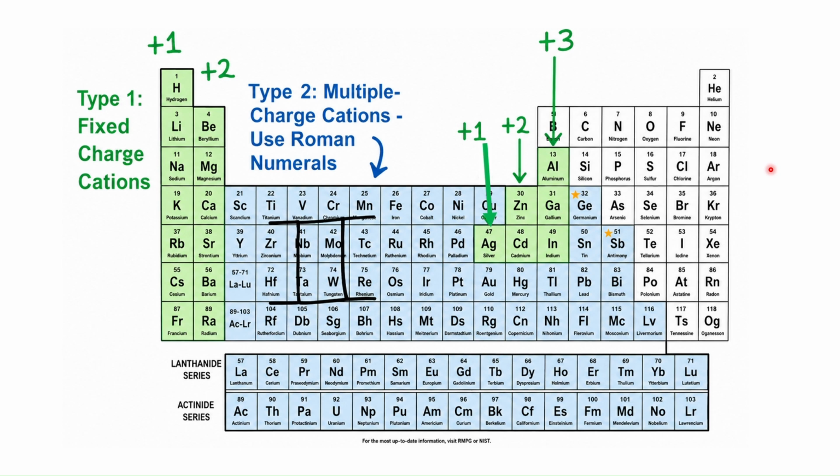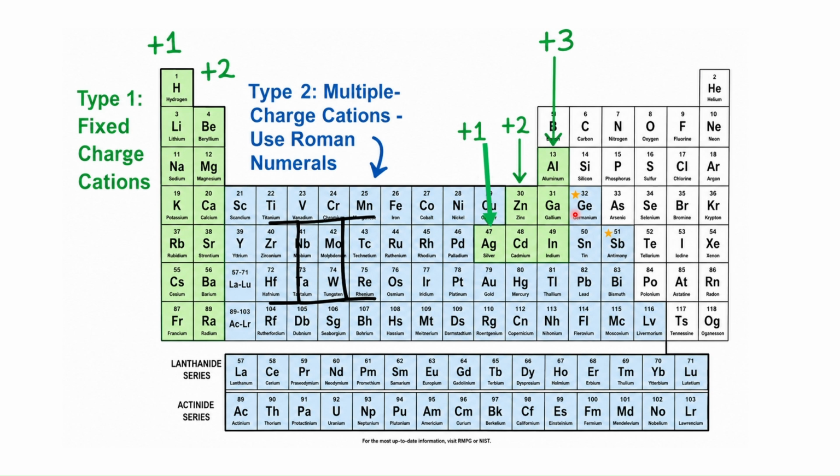Okay, let's focus our attention on this periodic table. While some transition metals and metalloids can have one common charge, many can have multiple possible charges. For the simplicity of an introductory chemistry class, all transition metals, along with the two metalloids, antimony and germanium, found within the blue region, will be treated as a type 2 cation.